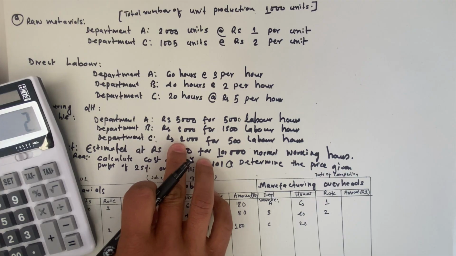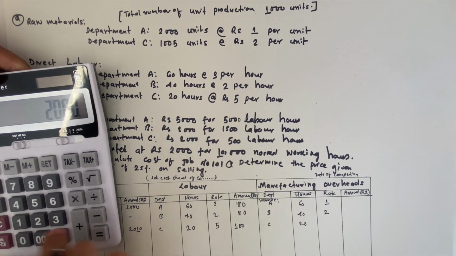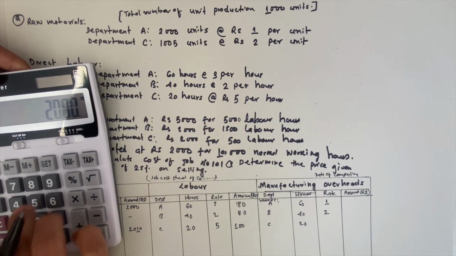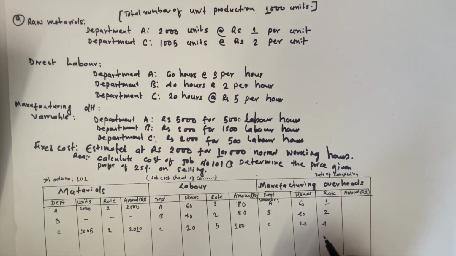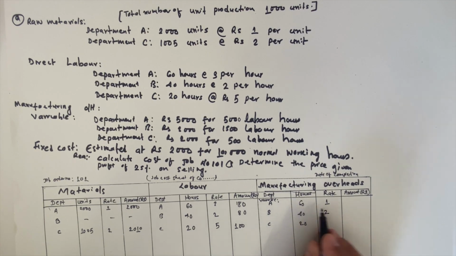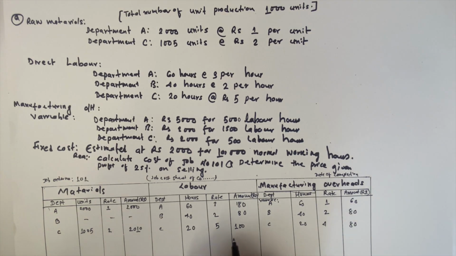And in department C, we look here the amount is 2,000 divided by 500 is 4. Then the amount given here is 60 into 1 is 60, 40 into 2 is 80, and 20 into 4 is 80 again. Now the fixed cost under manufacturing overhead.